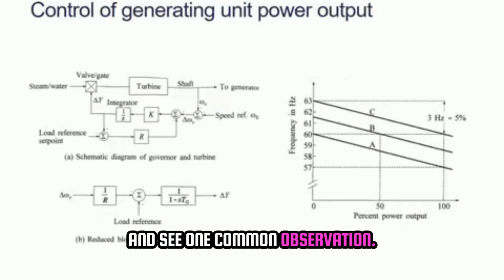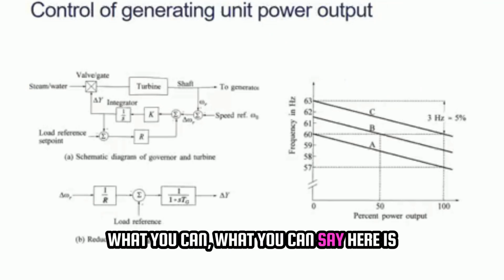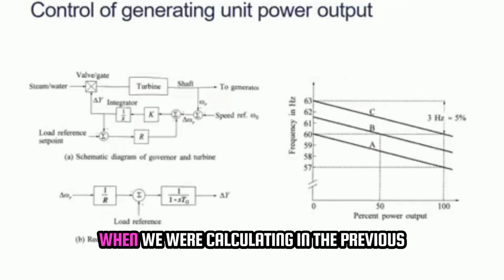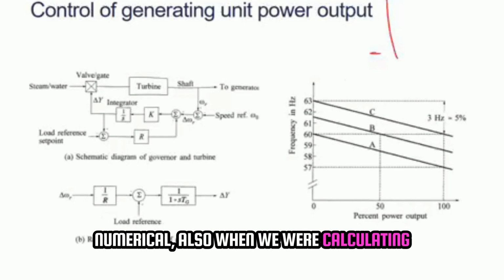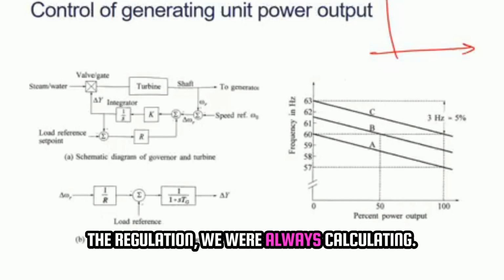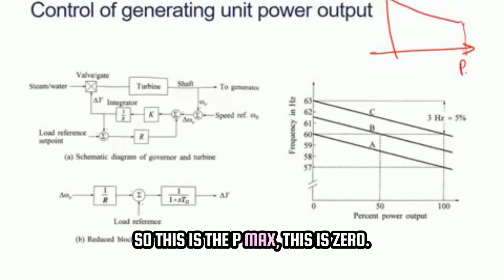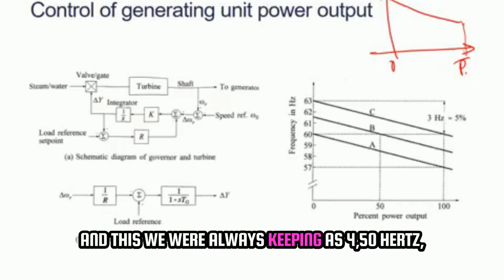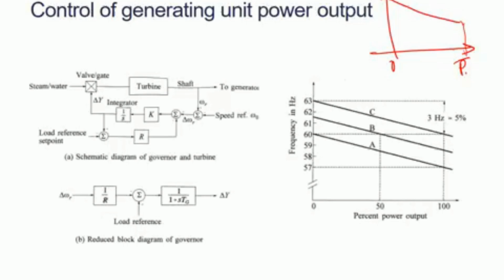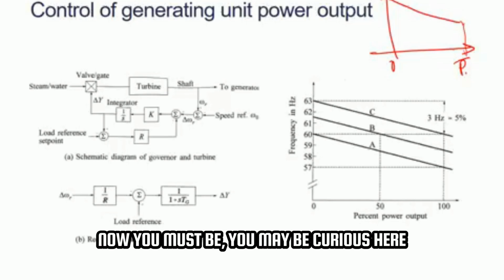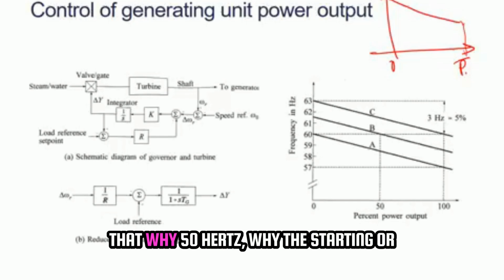Let us see one common observation. In the previous numerical, when we were calculating the regulation, this is the P max, this is 0, and we were always keeping this as 50 hertz. You may be curious why 50 hertz?